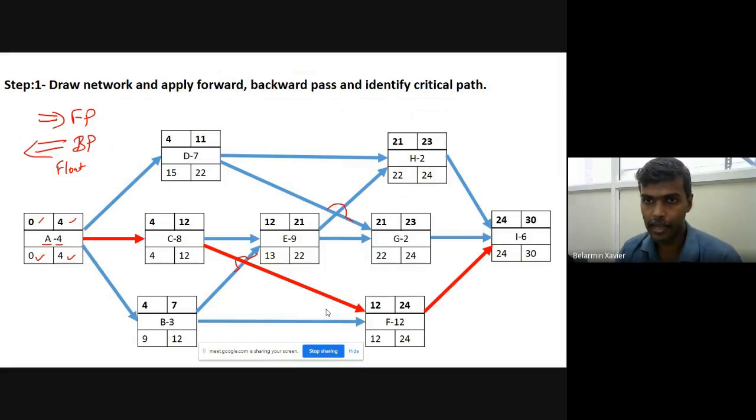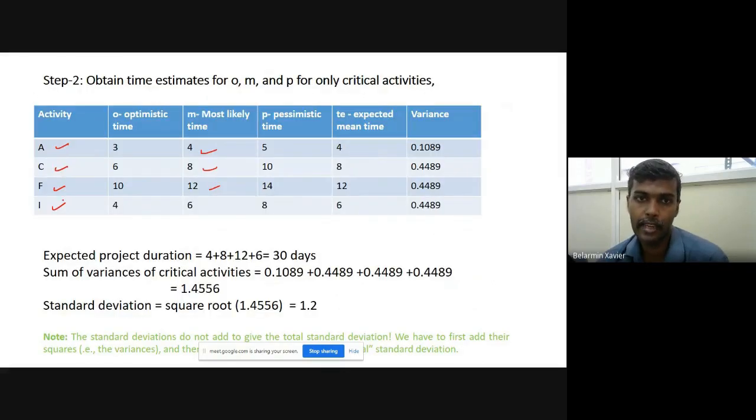So based upon the given data, we have drawn this particular diagram. From the critical path, we are choosing the critical path alone in order to find the expected duration. We have A 4, C 8, F 12, and I 6 as the durations. So we are taking A, C, F, and I, and the most likely time we are providing with the given duration. Based upon experience, for activity A, what will be the optimistic time?